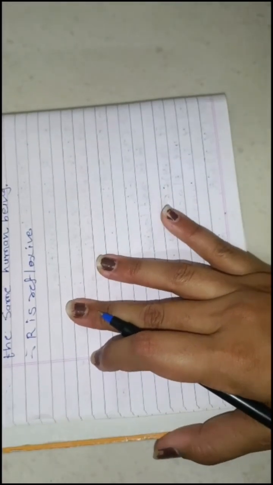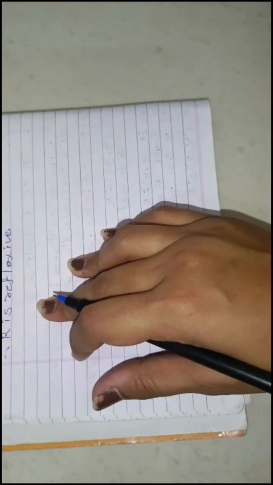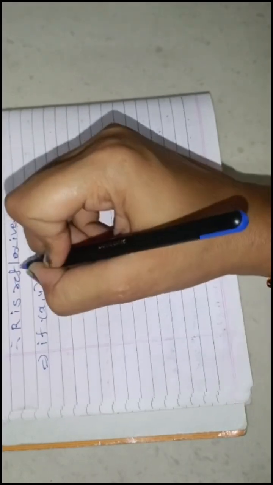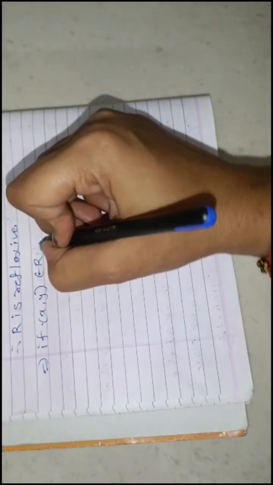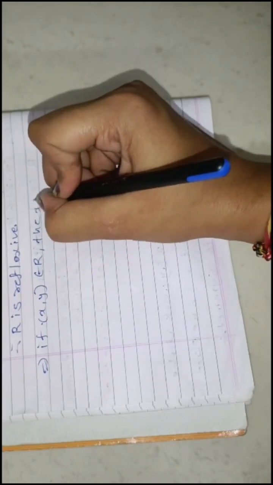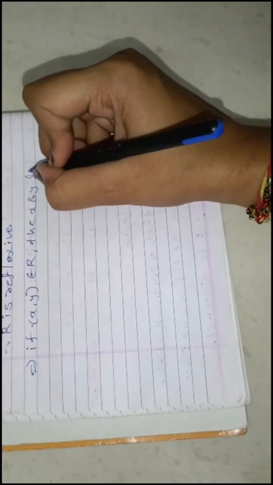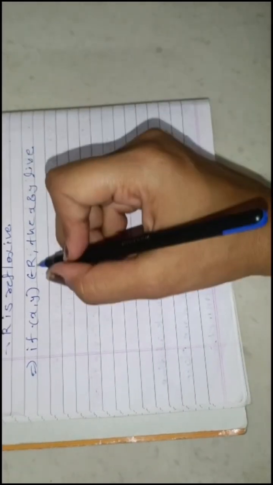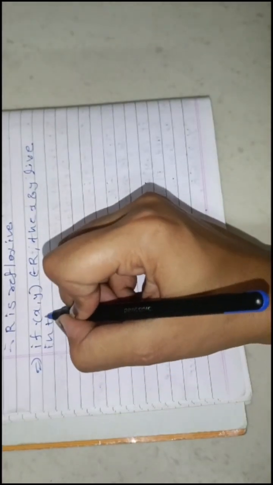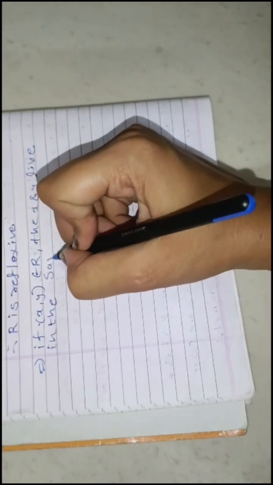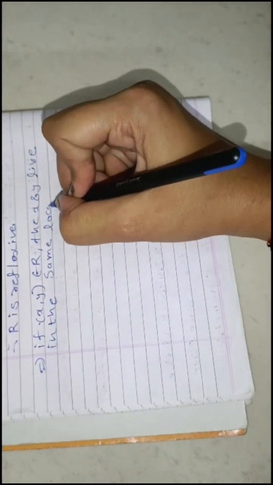Next, we are checking for symmetric. If (x, y) belongs to R, then x and y live in the same locality.